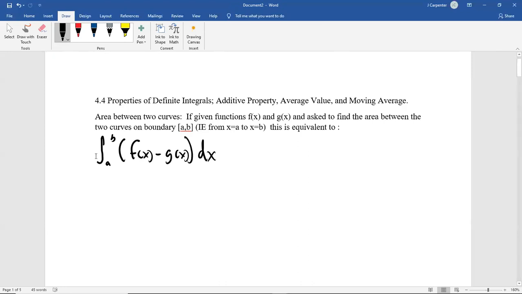But only as long as f of x is bigger than g of x on the entire region.